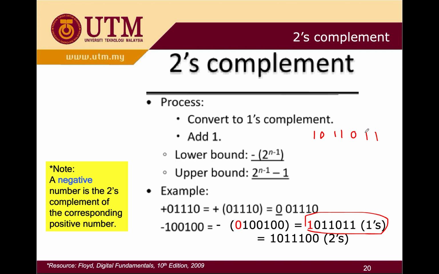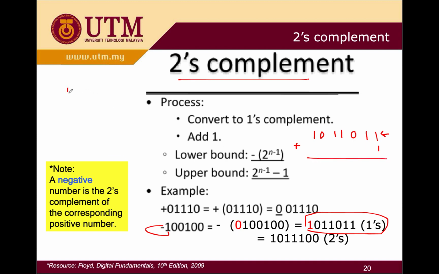Over here, this is the first complement. We already tried this example. Then, how are you going to get the second complement? For a negative value of a number, you add 1. So how about the process?